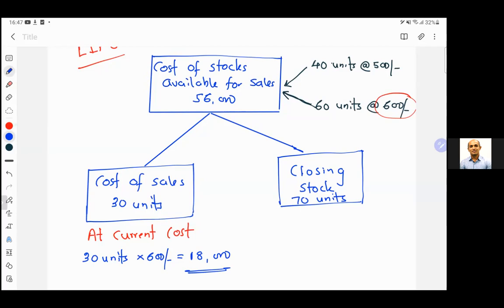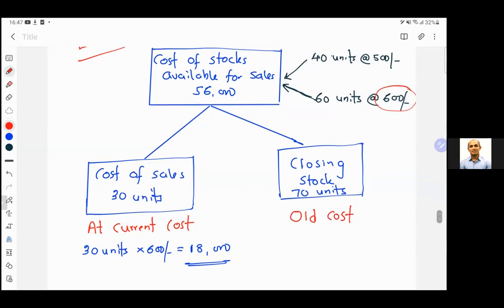Then closing stock includes old cost. The old cost goes to closing stock.